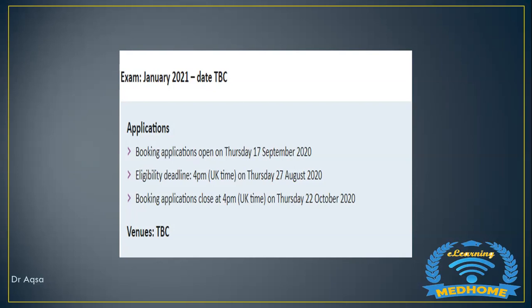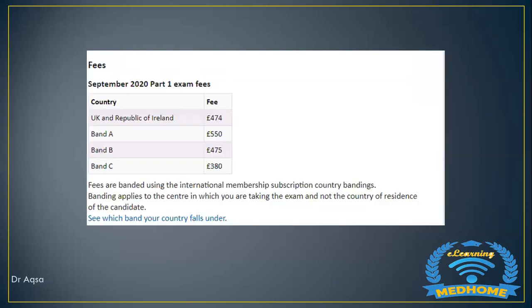Now the exam fee. Usually Pakistani and Indian students who are giving the exam fall in the category of band B. So the fee for band B is £475. If you go onto the website, you can always find which country you belong to. Depending on your country and your band, you will have to pay the fee for that exam.